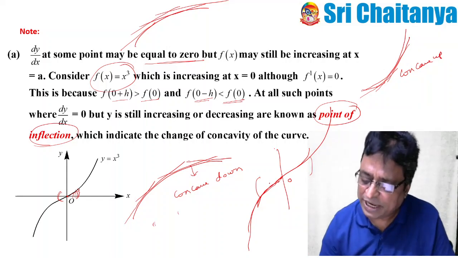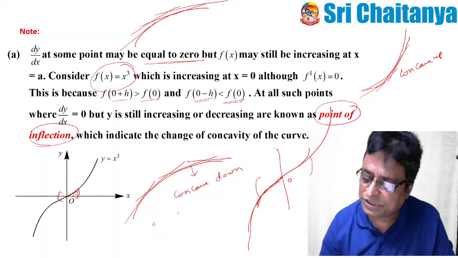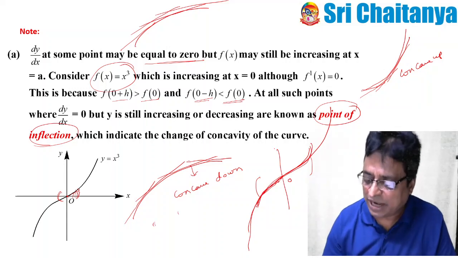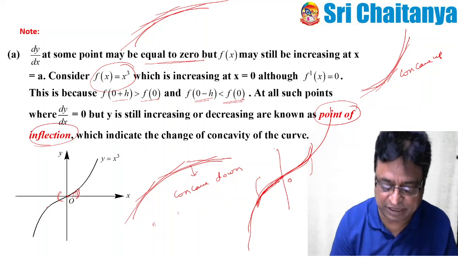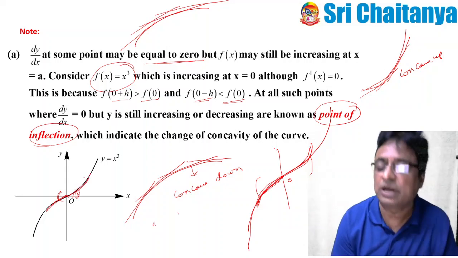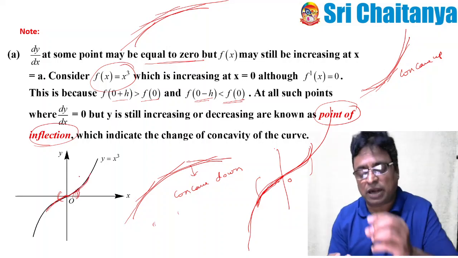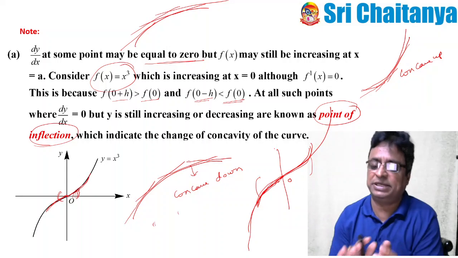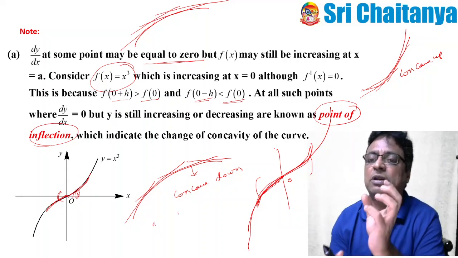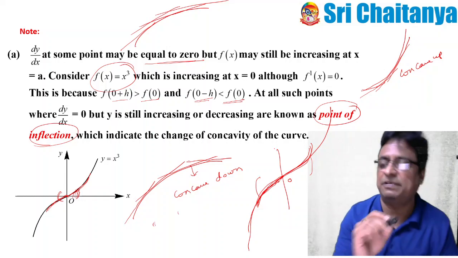Whenever at a particular point the curve changes its shape, that means it changes from concave up to concave down. So until 0 for y equal to f of x is equal to x cube, the curve is concave up. Then after 0, it is concave down. So the particular point on the curve where it changes its shape is called the point of inflection.